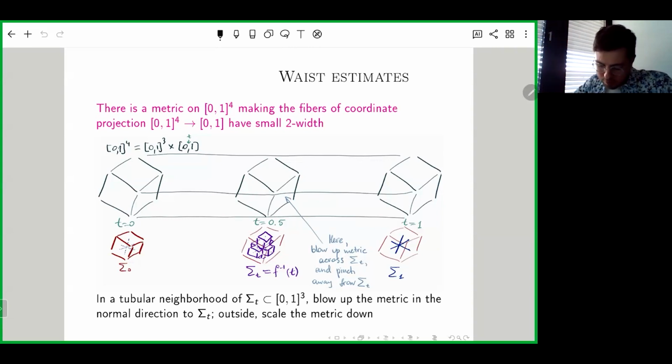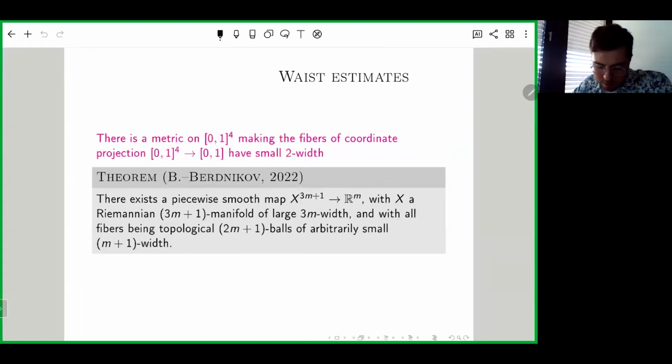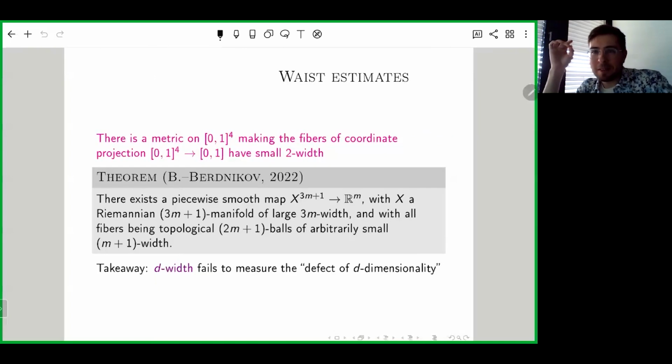And it happens that this can be done in greater generality. I formulated it just as a special case of the general theorem. But this is our best manifestation of how the width fails to measure the deficit of dimensionality.